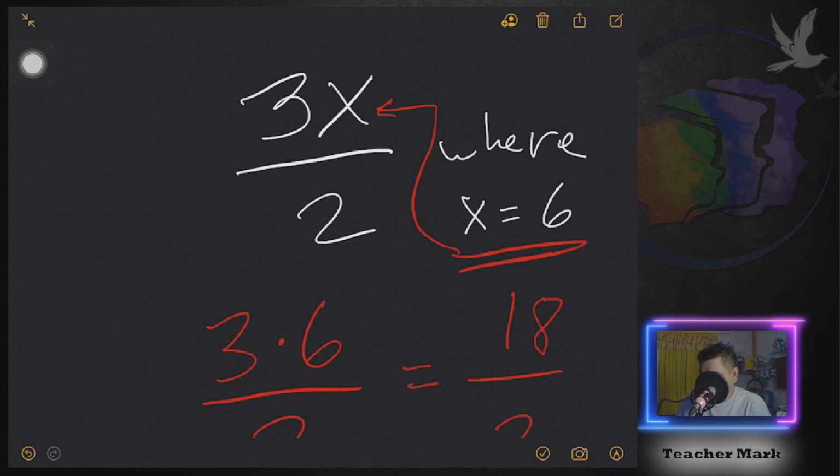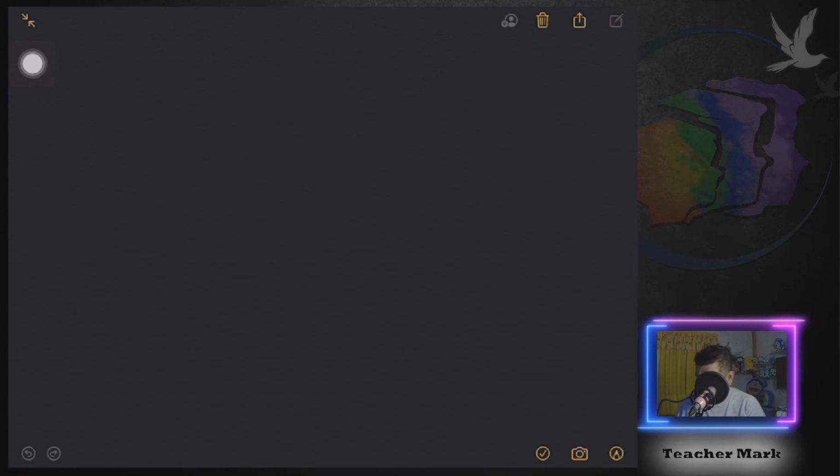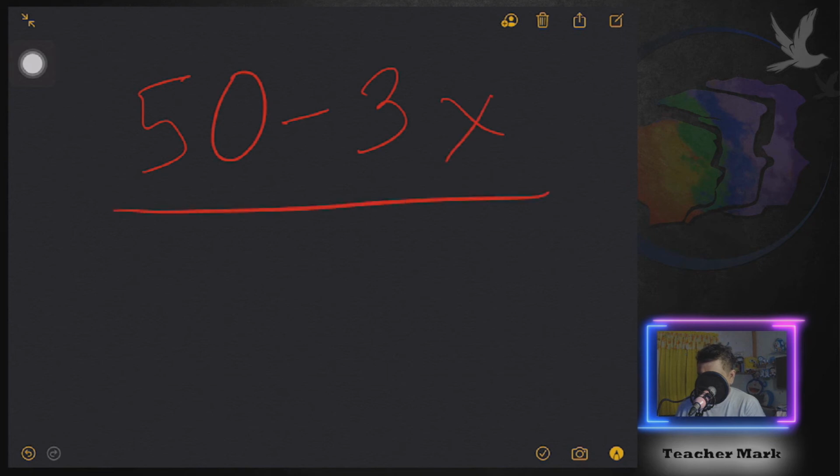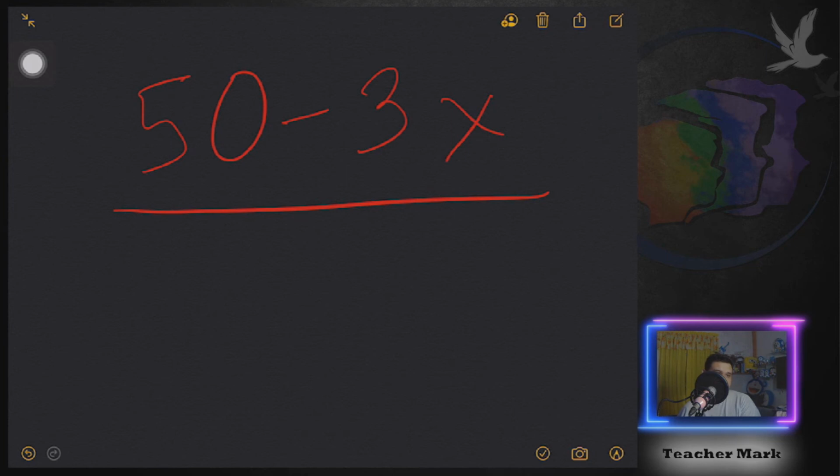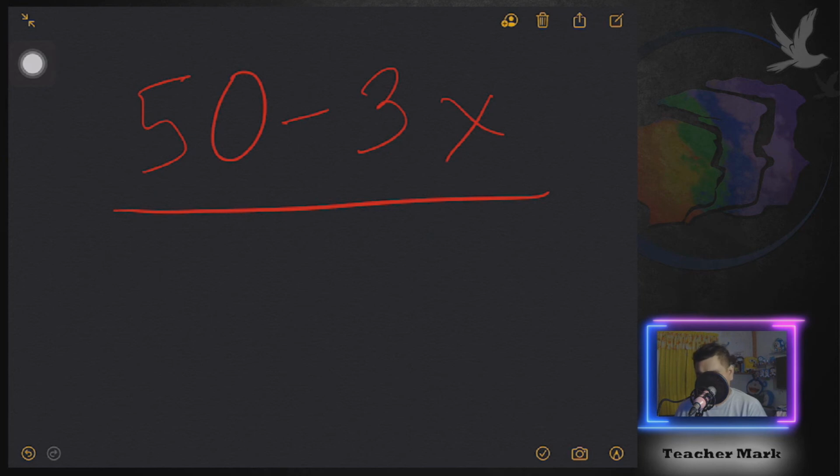Basically the same lang naman. So I'll just give you one more example. So let's say we have 50 minus 3x over 2, where x equals 8.